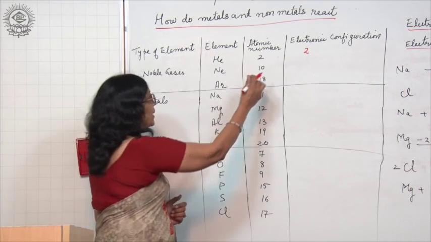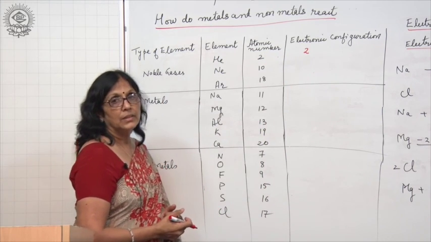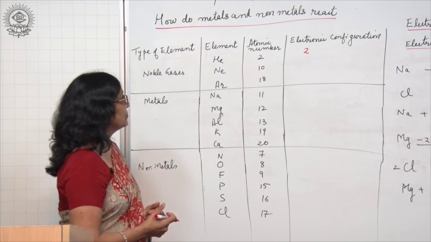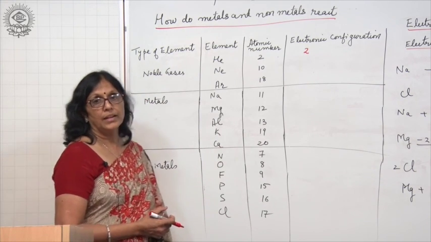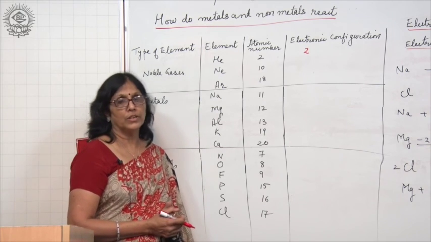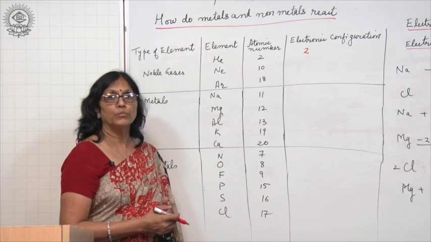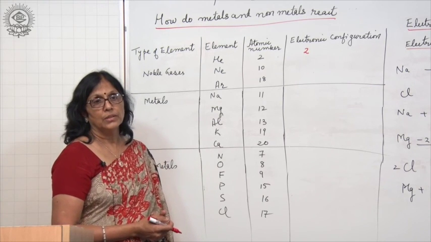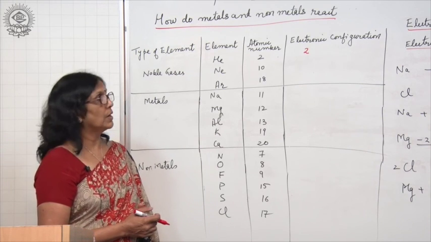Neon has atomic number 10, that is, it has 10 electrons. Atomic number, as you know, is the number of protons, and in a neutral atom the number of protons and the number of electrons are equal.